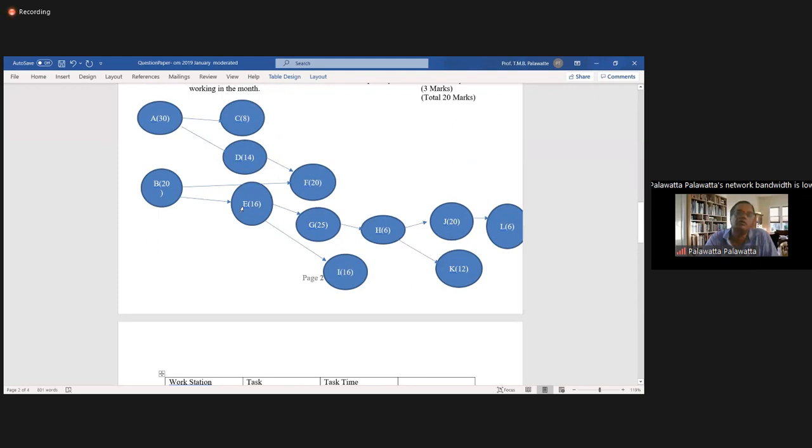E is not possible. F is also not possible because B has not been allocated. So 30 plus 14, 44 plus 8, 52.